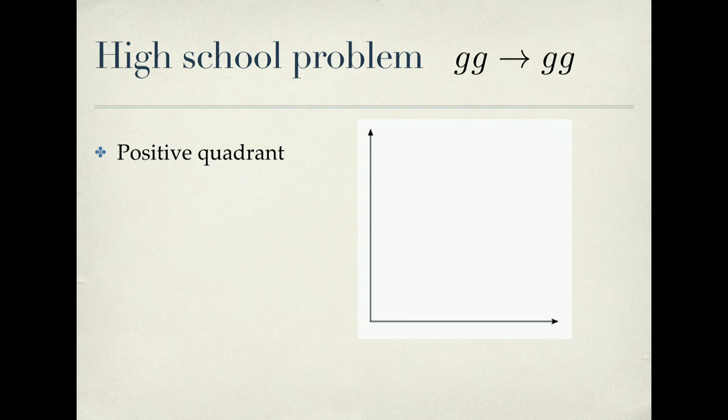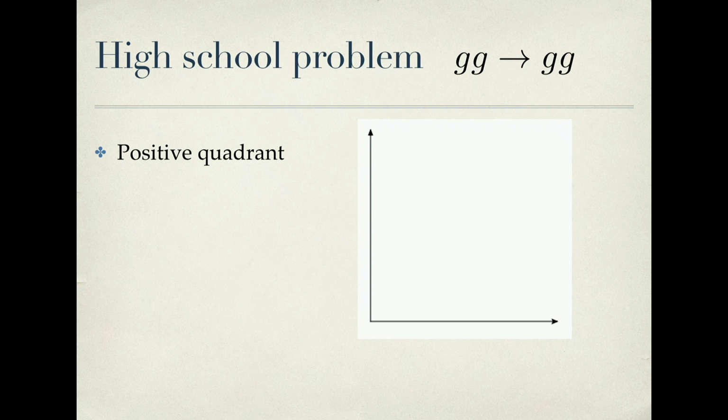And there is an infinite class of problems which can be interpreted in a very nice way. So let me just present it. If I get two gluons to two gluons in this theory to any loop orders, it can be formulated as a simple looking problem on positions of vectors in positive quadrant.